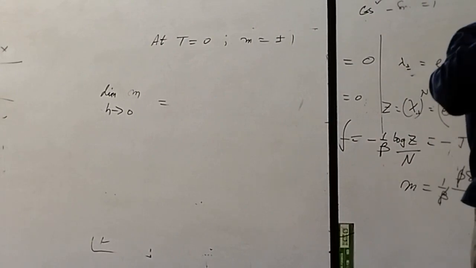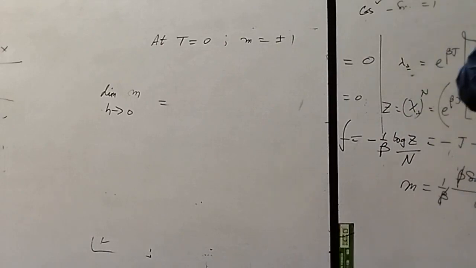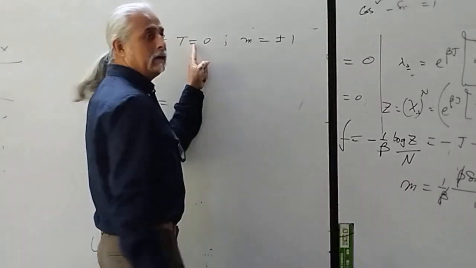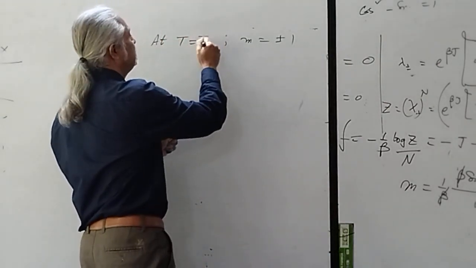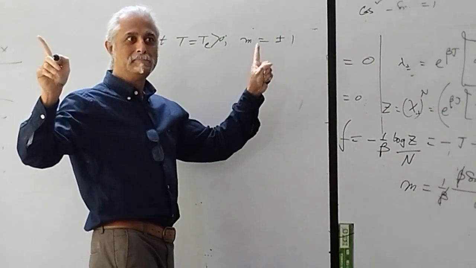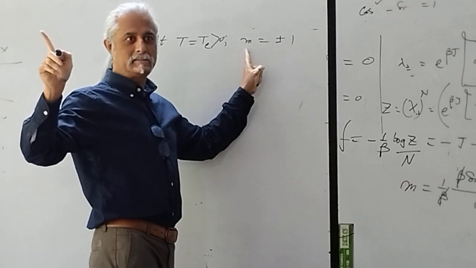But the problem is it happens at T equal to 0. If I had it at some finite temperature Tc which is greater than 0, Isaac would not leave physics.